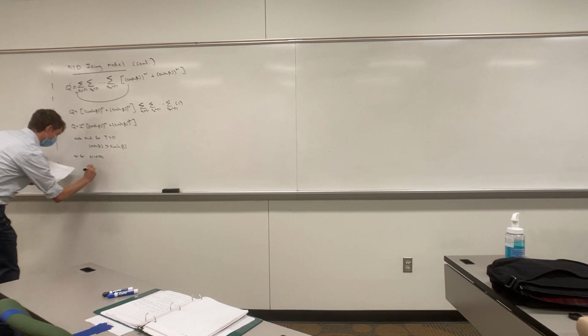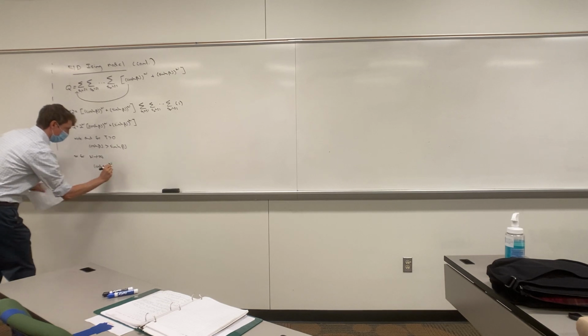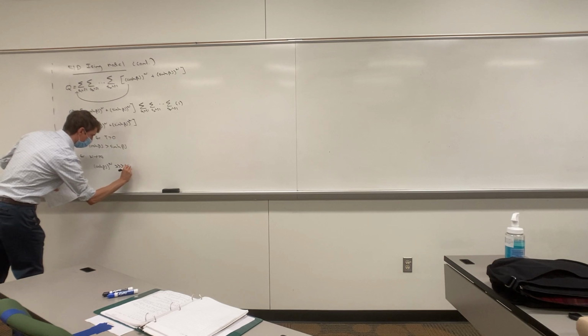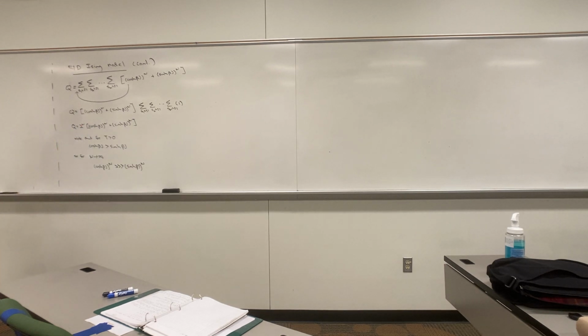So as n goes to infinity, the hyperbolic cosine to the n is going to be much, much greater than the hyperbolic sine to the n. Okay? So in the thermodynamic limit, this has to be true, and so we can drop this term.